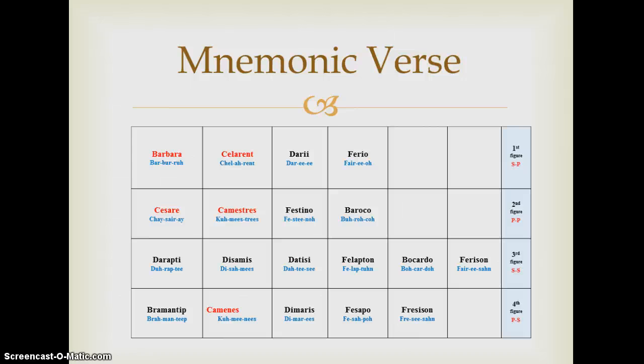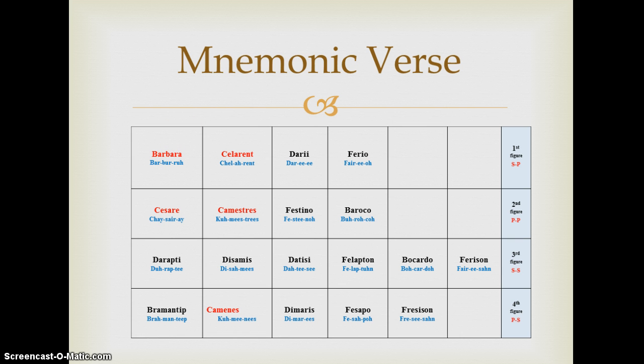And now we can see that the vowels themselves represent the mood of the syllogism. Let's look at the barber right here. The A means that the major premise is an A statement.